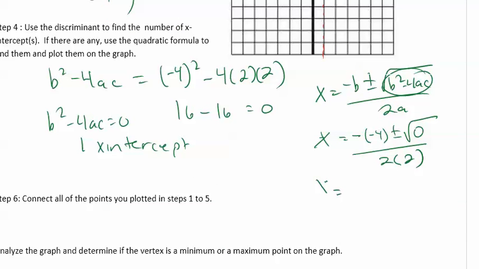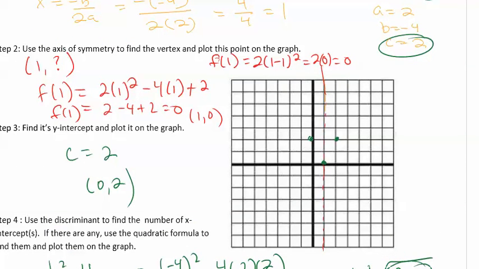That gives us x is equal to a positive 4, and then this plus or minus 0 will just become 0, so we don't need to rewrite that, divided by 4. So we only have one option for our answer, and that's at the x value of 1, which we've already identified, 1 comma 0.